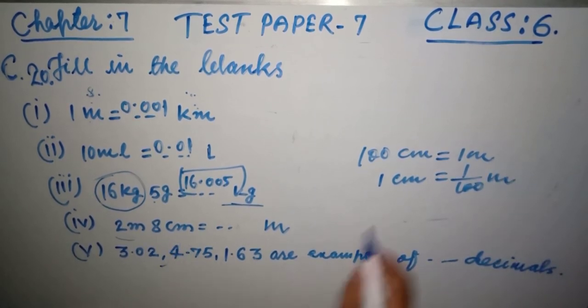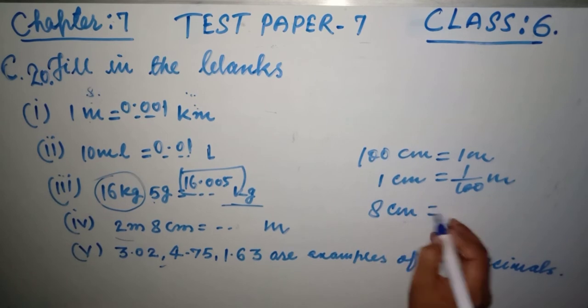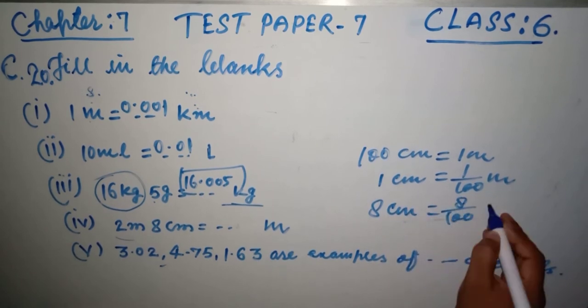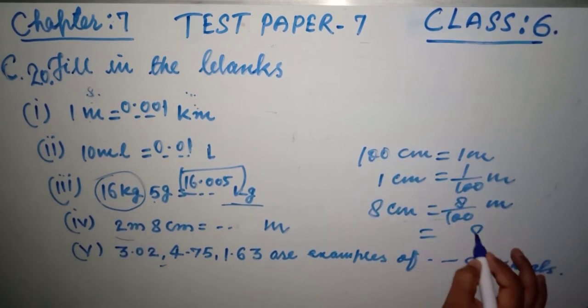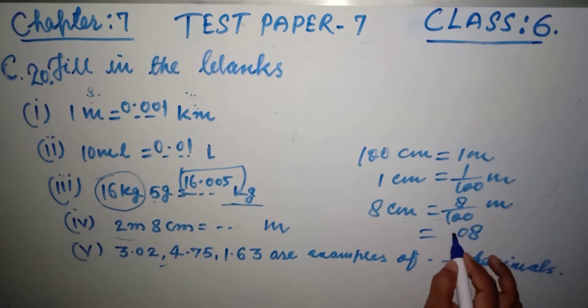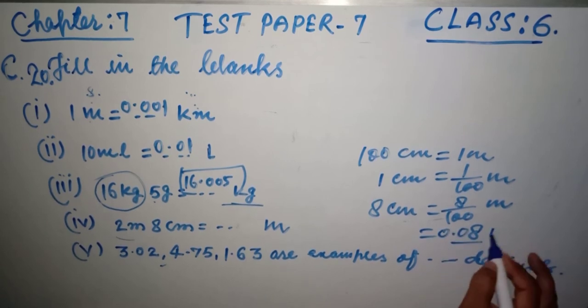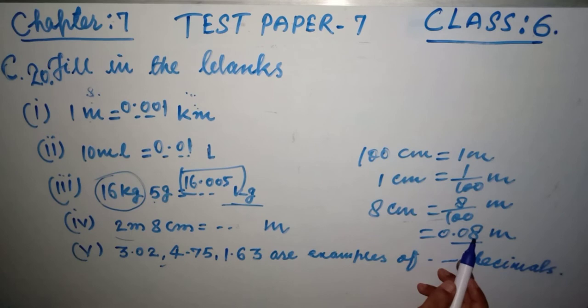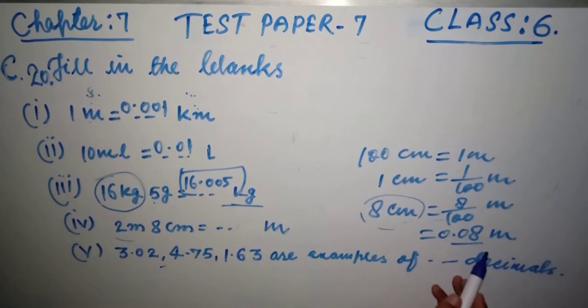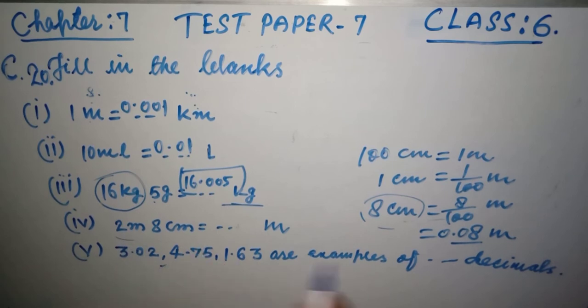Then 8 centimeter is equal to 8 by 100 meter. Then write 8 and count 2 digits. So 0.08 for 8 centimeter, and this is meter, and this is already 2 meter. 2 meter plus 0.08 means 2.08 meter friends. This is your answer.